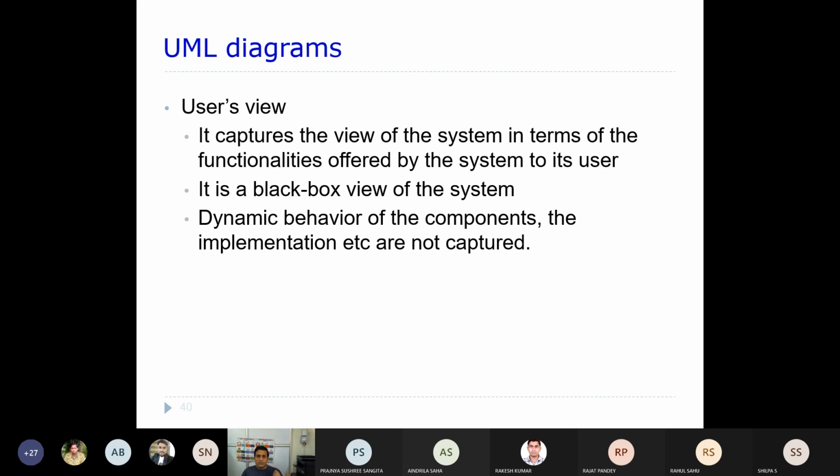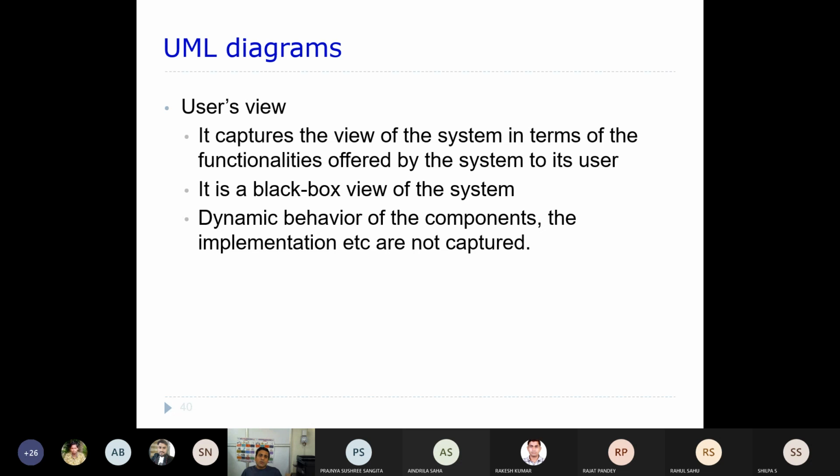Sometimes you can transfer money, or deposit your money also. You can see the balance, how much money you have in your account, or you can see the history of the different transactions, right? So these are the various important functionalities a user is going to get from the system, and that view is captured through the user's view.